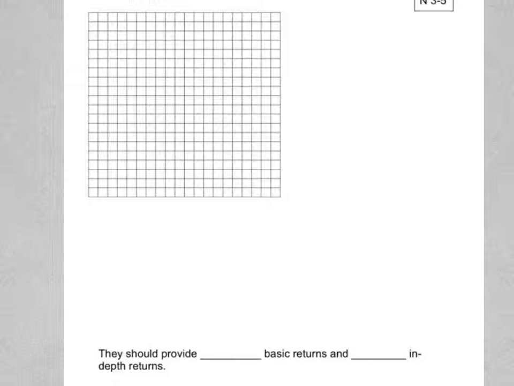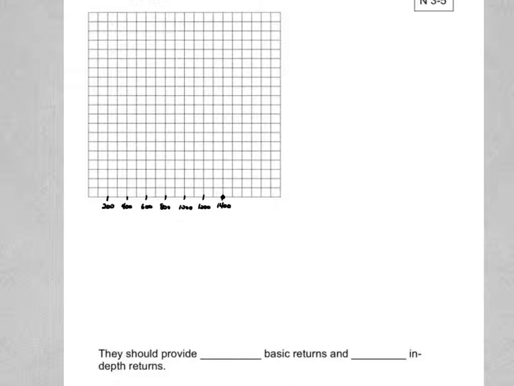So this is 200, and this is 400, 600, 800, 1,000, 1,200, and 1,400. So our first x-intercept was here at 1,400.